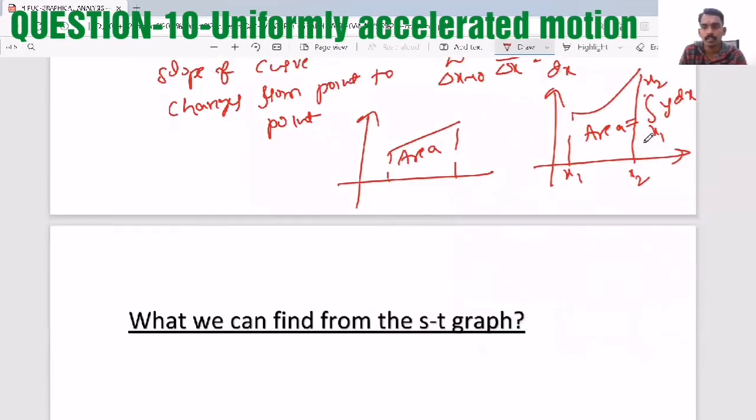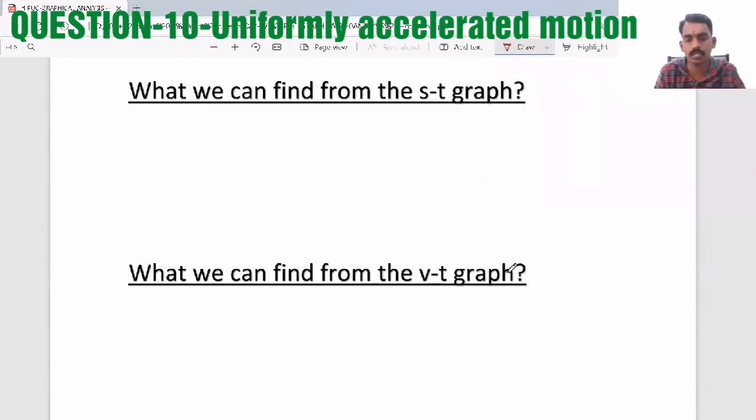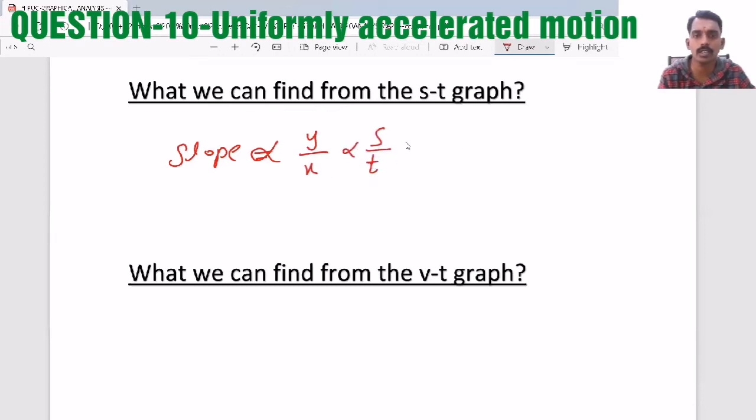Then after this, now what can we find from the ST graph? From the ST graph, displacement versus time graph, we can find the slope. The slope of a graph is directly proportional to y quantity by x quantity, that is proportional to s by t. That means either speed or velocity.